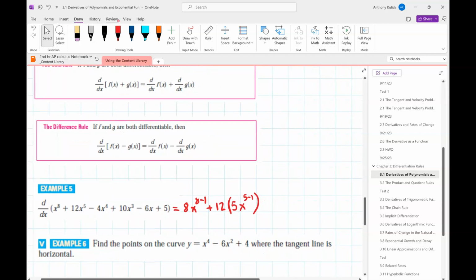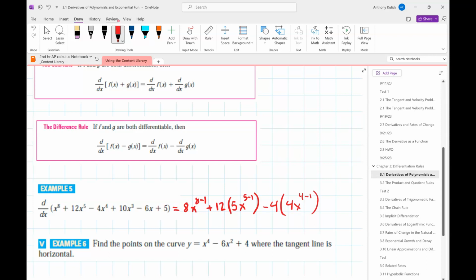That's the constant multiple, right? So the 12 comes out front because of the constant multiple rule. So I just ignore the 12 and then do the derivative. I still have to do the math.